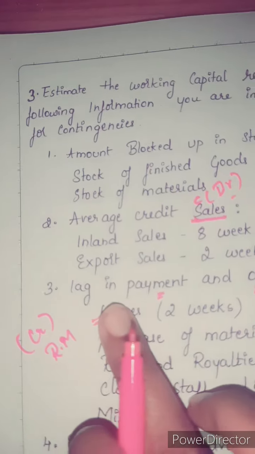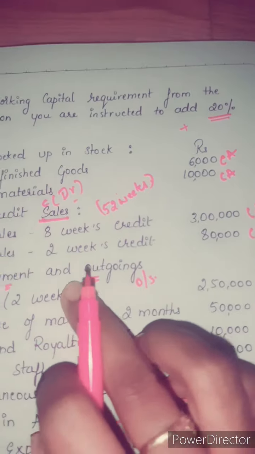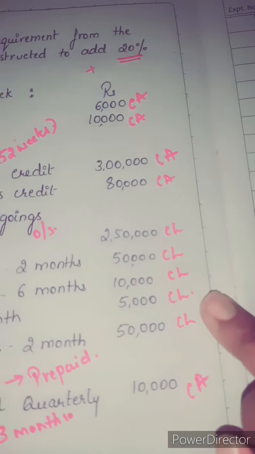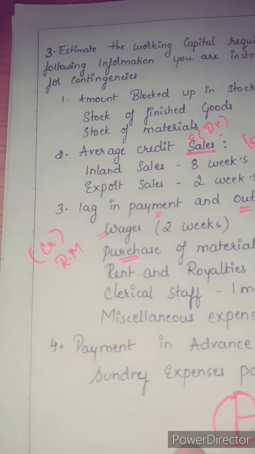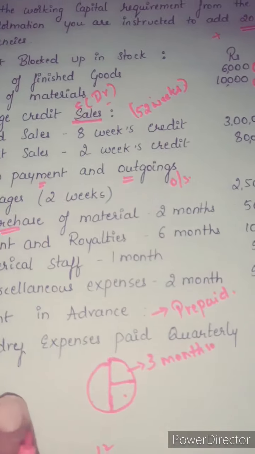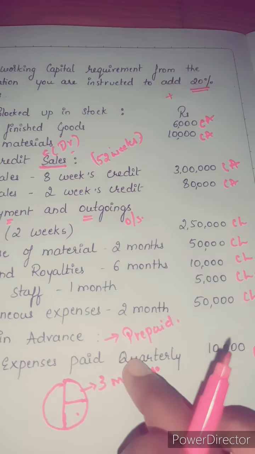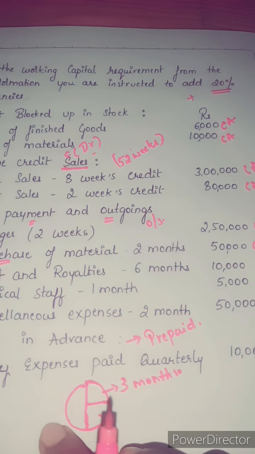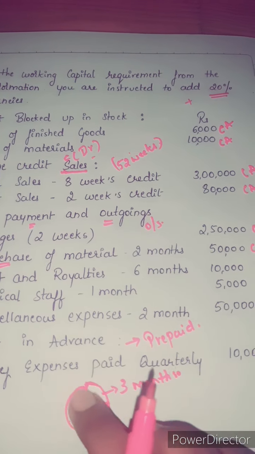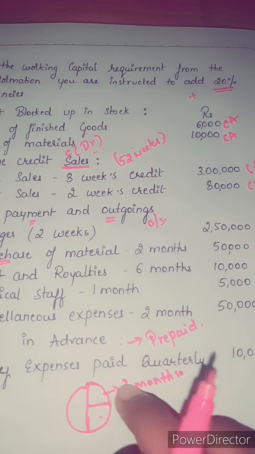Next, the remaining items, lag in payment or outstanding, are all current liabilities. One item is left over among current assets, that is payment in advance, prepaid sundry expenses paid quarterly, that is 3 months.